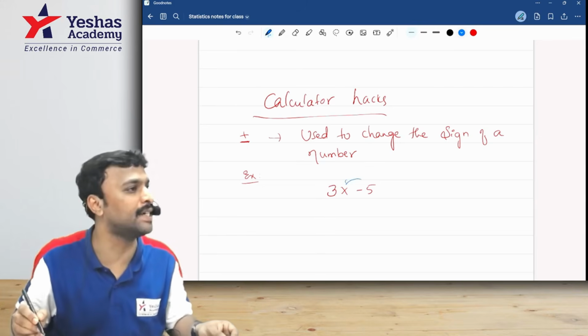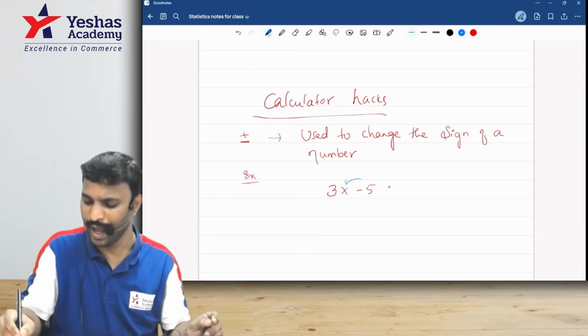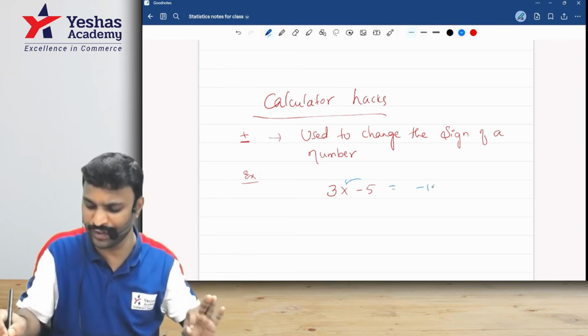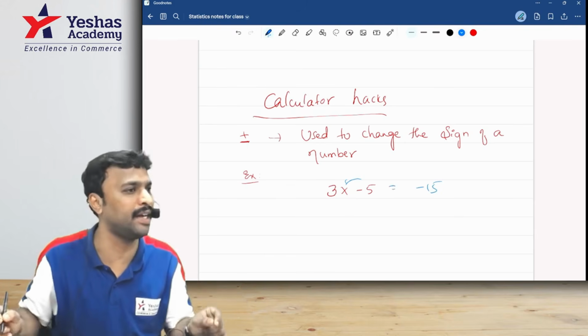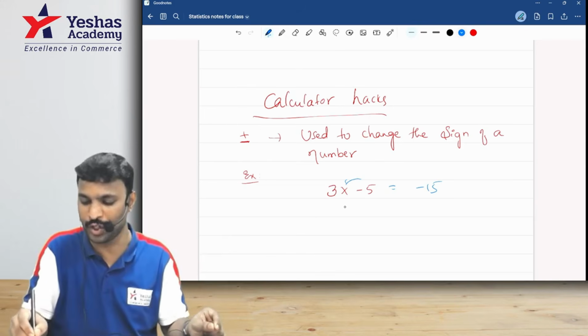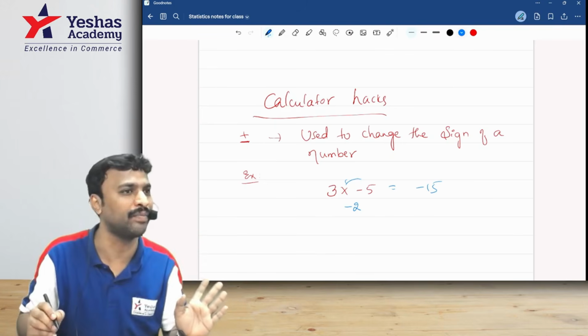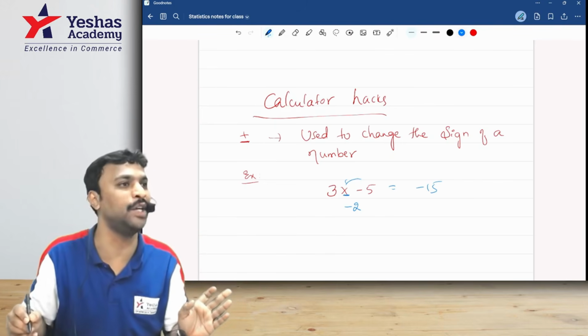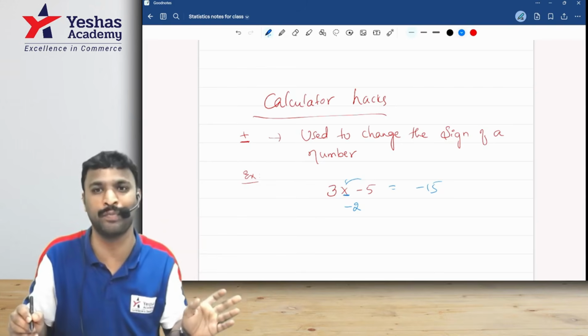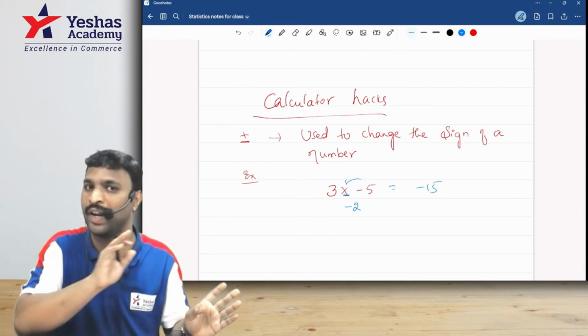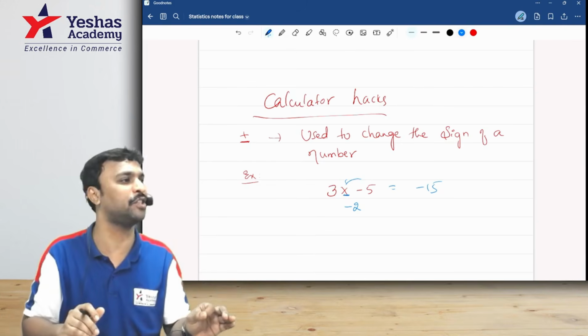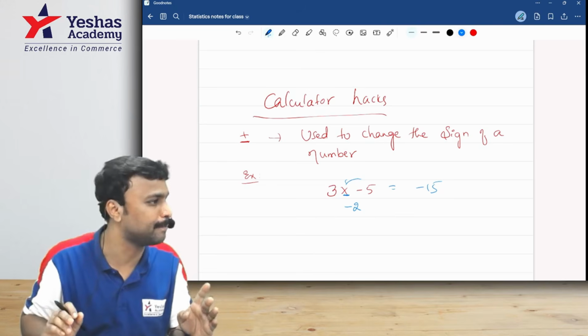It will only consider minus. Actually, 3 into minus 5 is minus 15. Yes or no? What does your calculator do if you do this? It will show minus 2. That means it has just done 3 minus 5. It has not considered the into sign that you have pressed before minus.